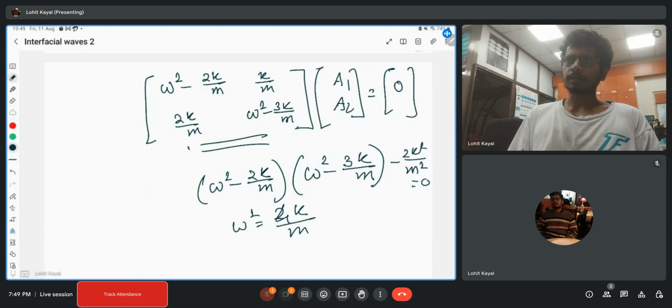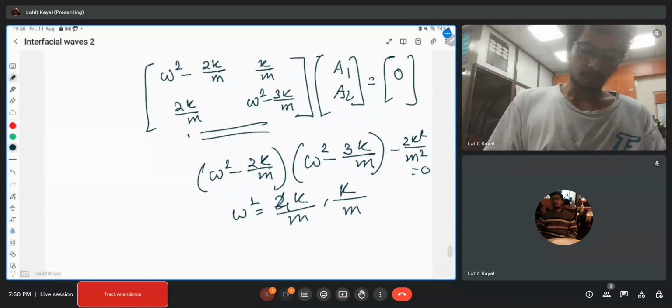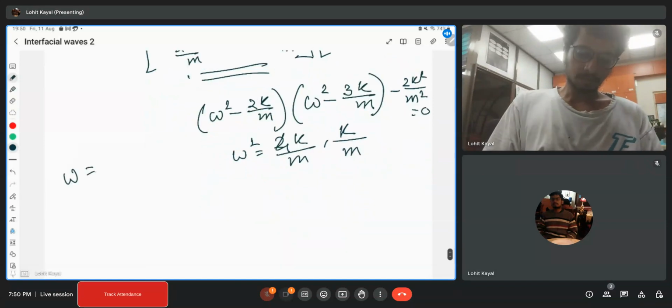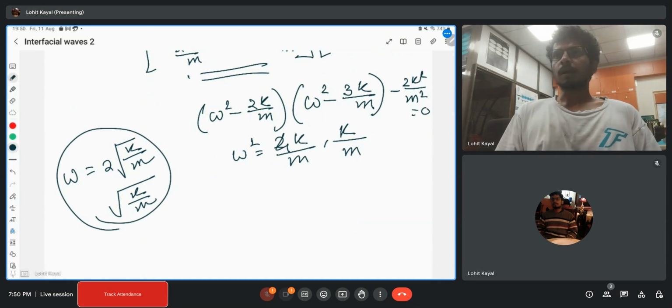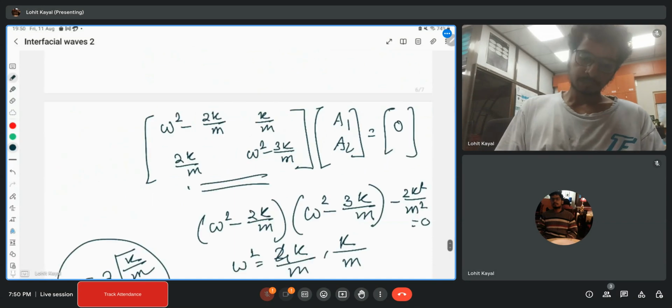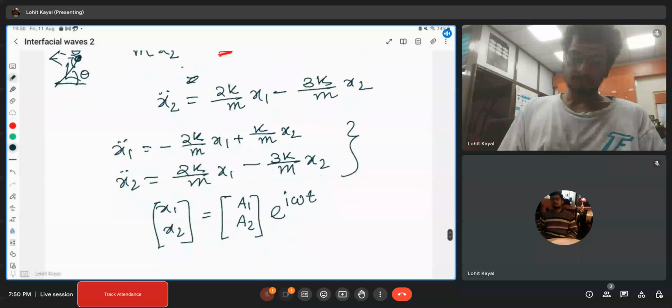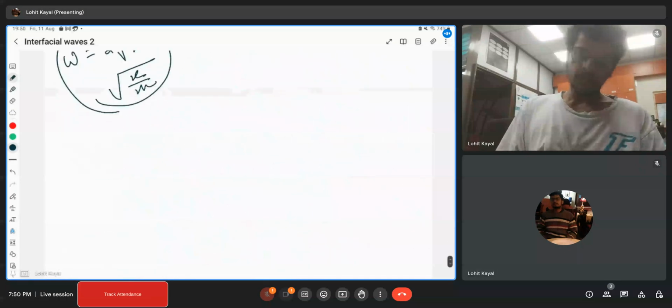This is a very simple quadratic equation. So omega equals 2 square root of k by m and square root of k by m. So these two are your modal frequencies. Alright.